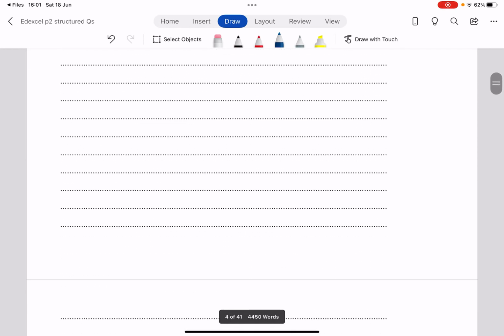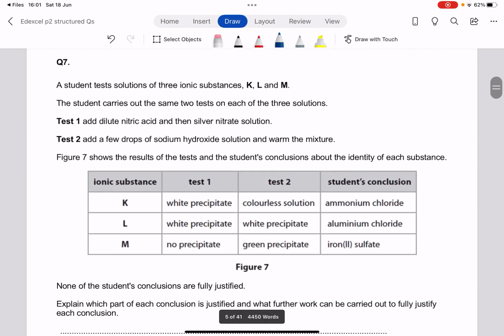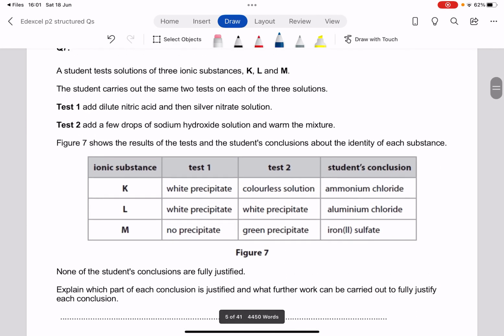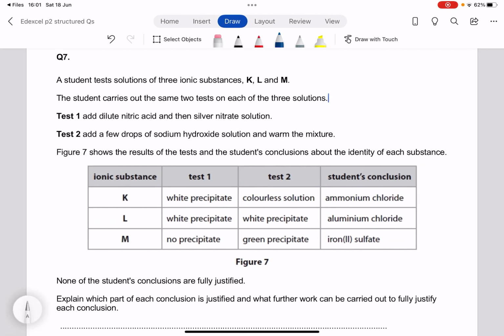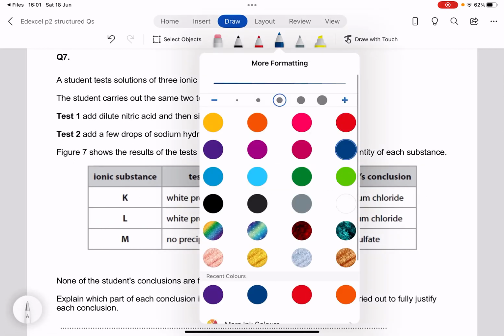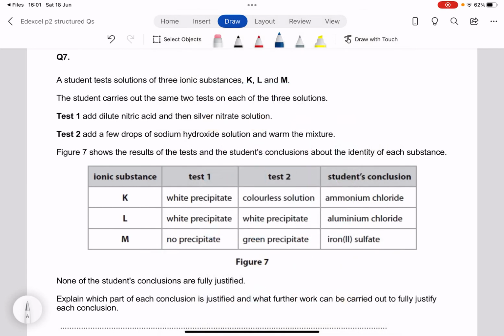Okay, next one again is an ion identification question where we've got to identify ions. So the question is, the student tests solutions of 3 ionic substances, K, L, N, M. They add dilute nitric acid and silver nitrate. That to me will tell me halide test. They add a few drops of sodium hydroxide.